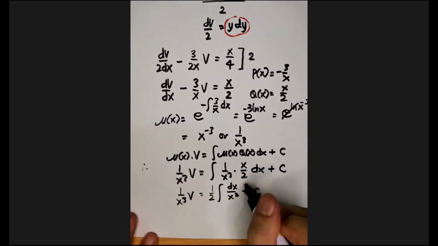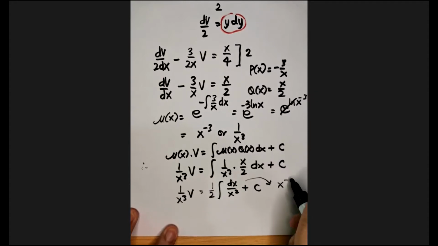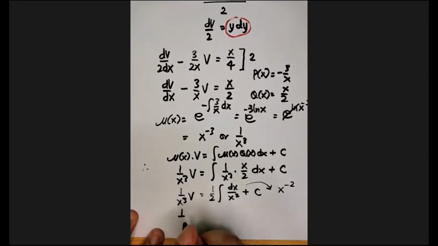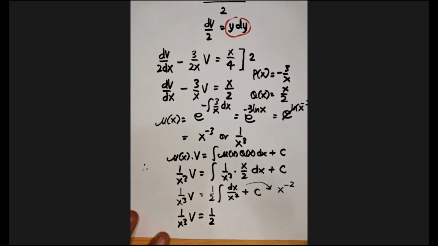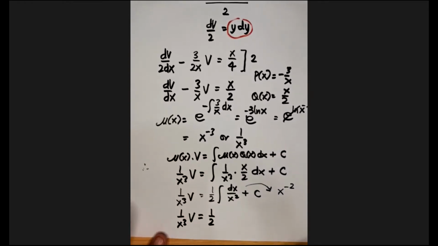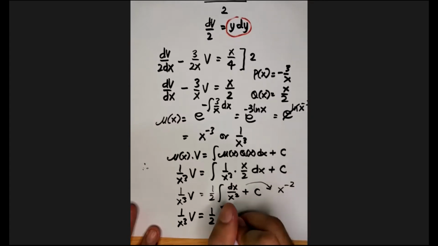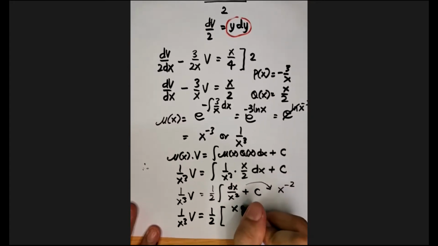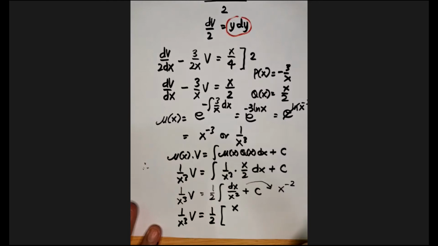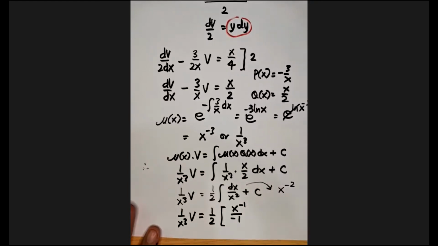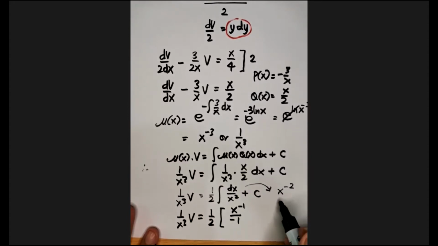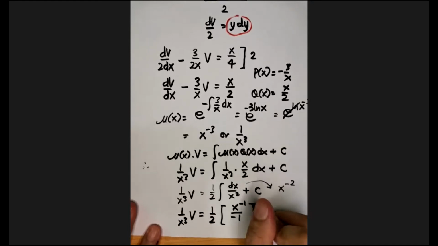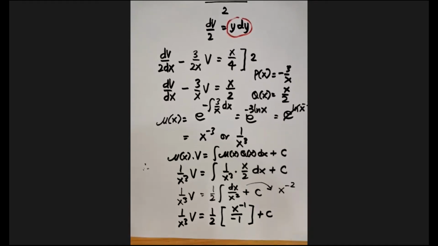So how will we integrate this? So this one is x raised to negative 2. So therefore, 1 over x cubed times v is equal to 1/2 times x raised to negative 1 over negative 1, that is, x raised to negative 2 plus 1 over negative 2 plus 1, plus c.